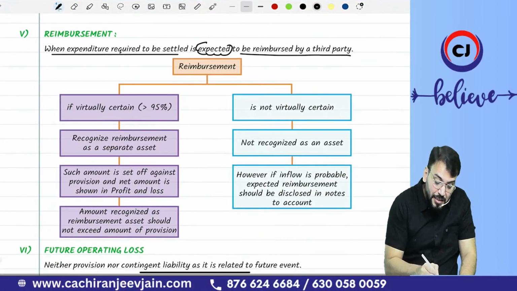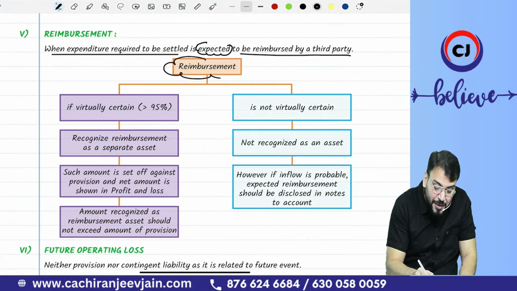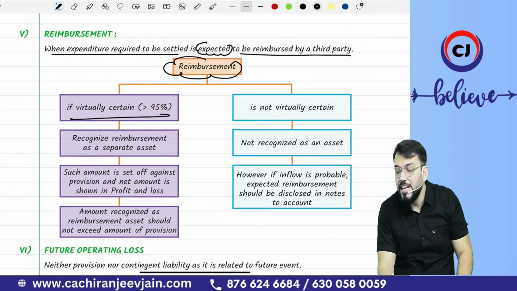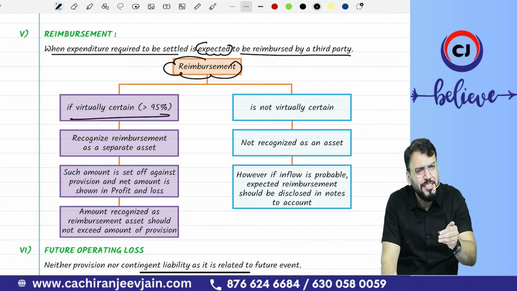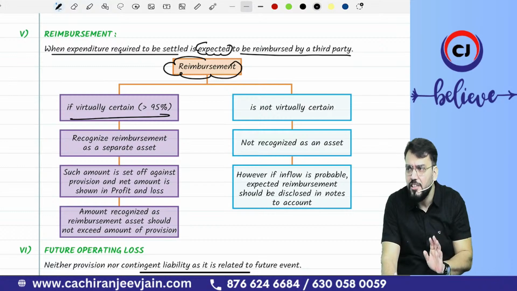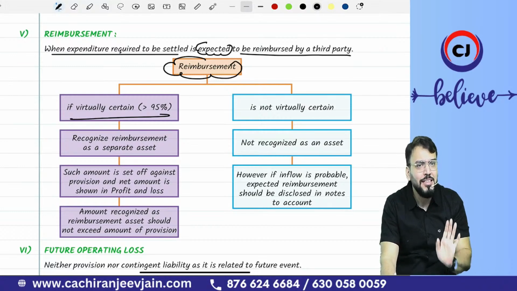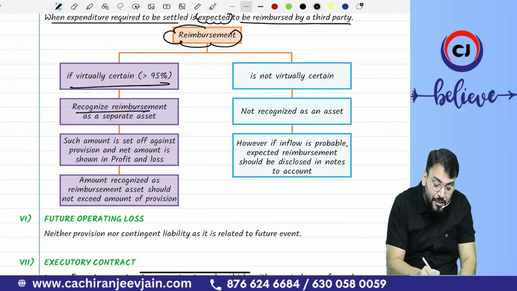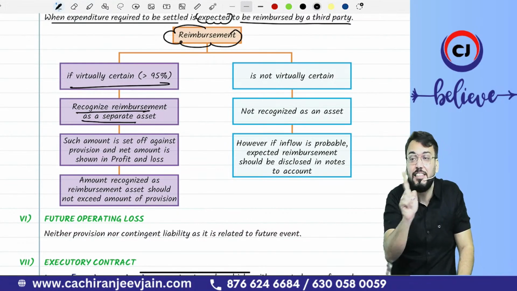If the reimbursement is virtually certain, meaning chances are more than 95%, then, from the information given in the question, we need to understand whether it is virtually certain or not. Some indication will be given. Recognize the reimbursement as a separate asset.